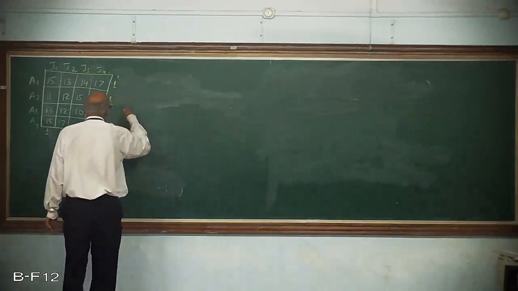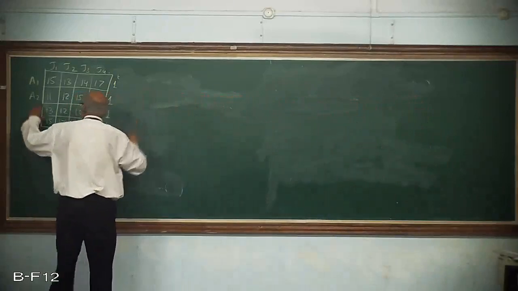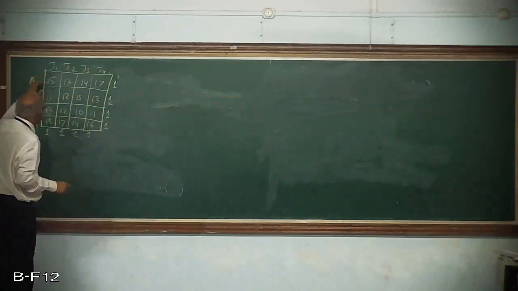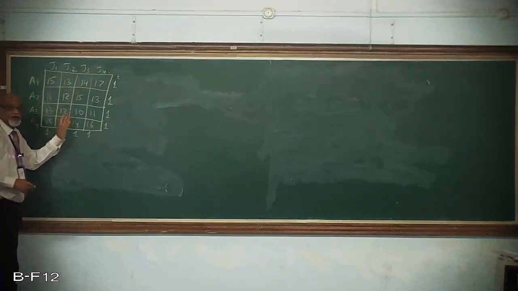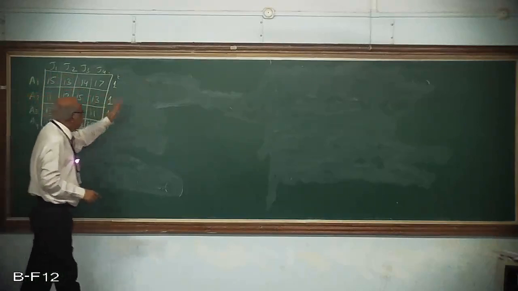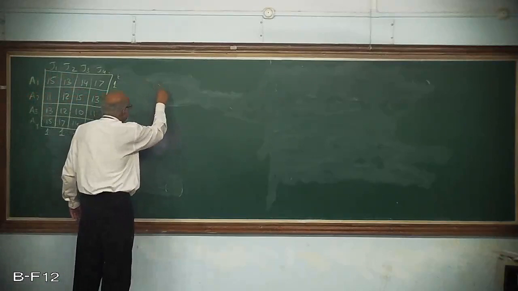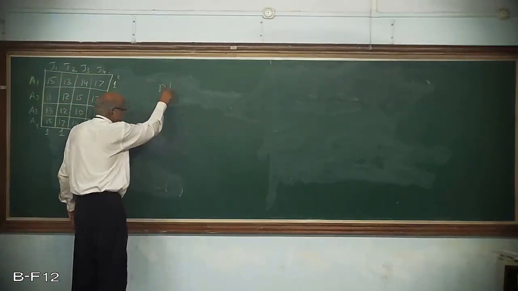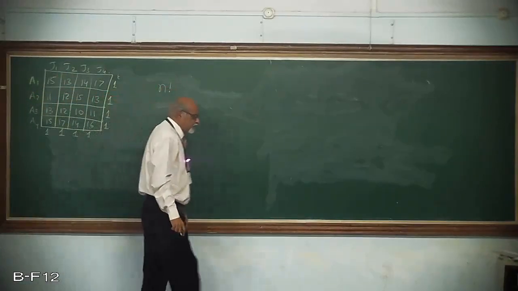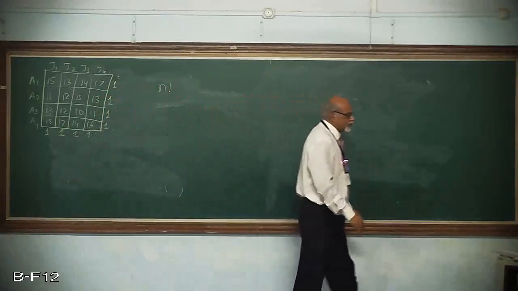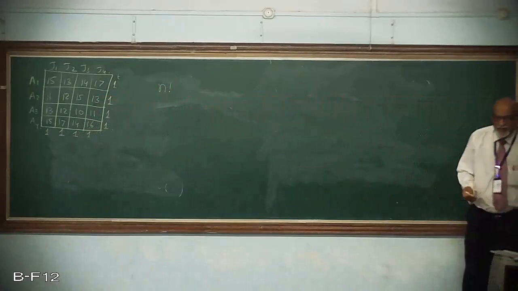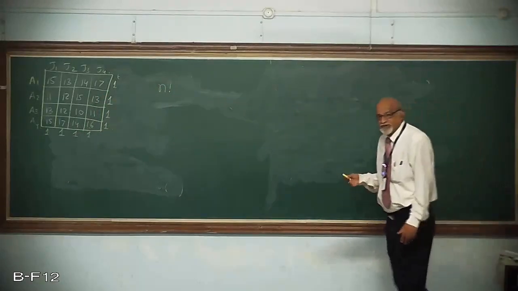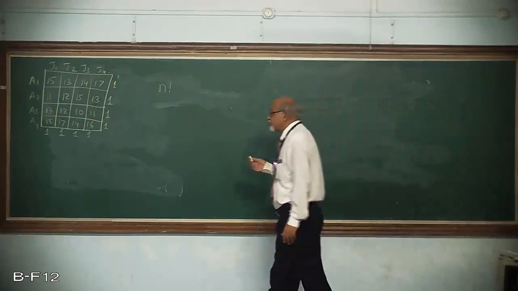If there are n facilities or n jobs and an effectiveness matrix is given, then there are n factorial ways. Try to understand, in assignment type of problem it is always a square matrix, n by n or m by m.